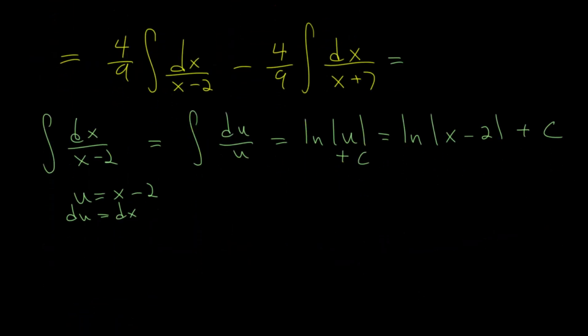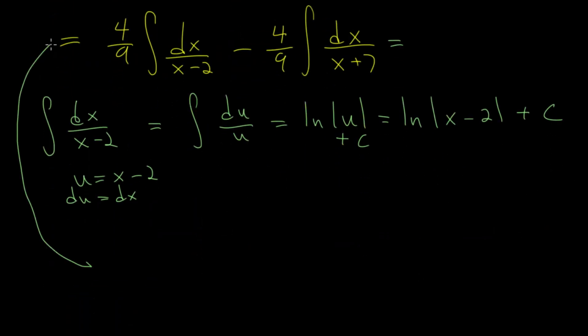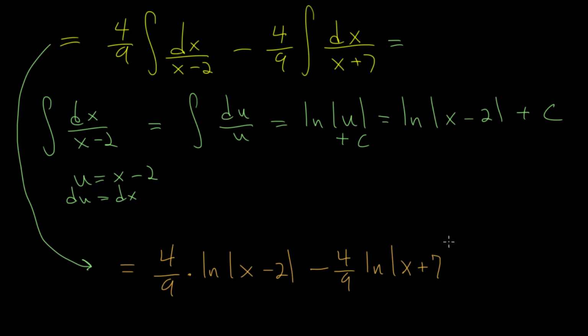And let me actually do this down below here, so that we get 4/9 multiplied by the natural log of the absolute value of x minus 2 minus 4/9 the natural log of the absolute value of x plus 7, and we would need our integration constant from each of these, but in theory we can just add those constants together to get a new constant, which we can call c, or c1 if you want it to be different than this c here.